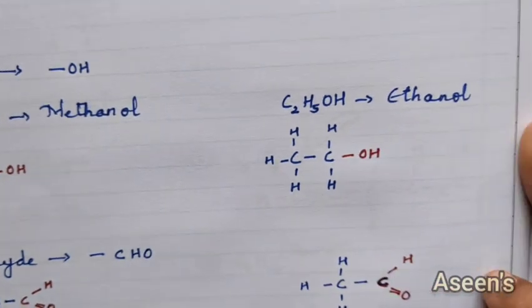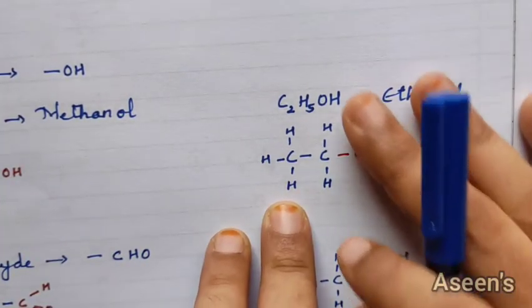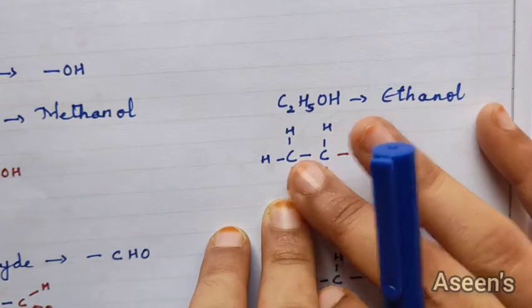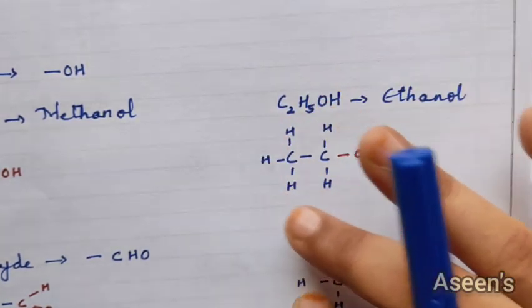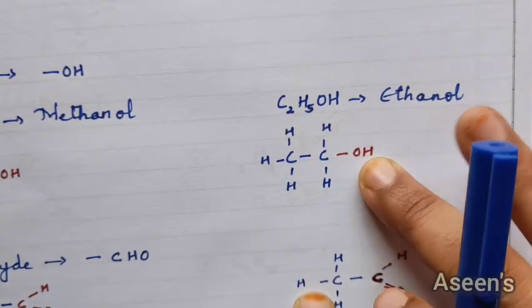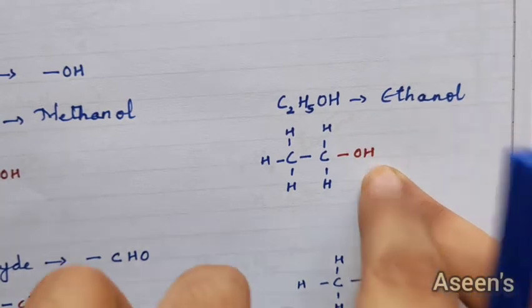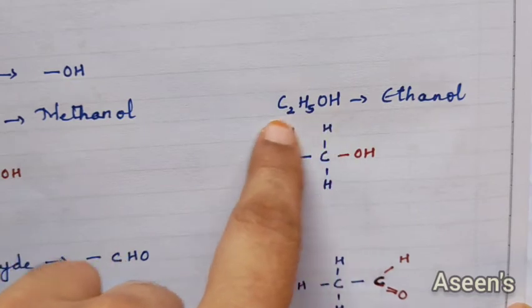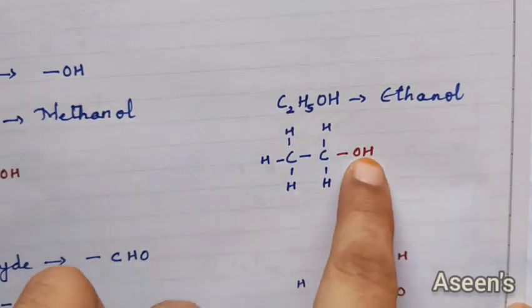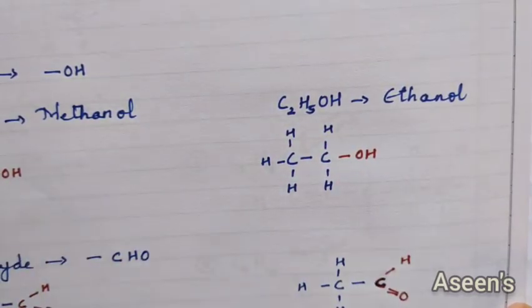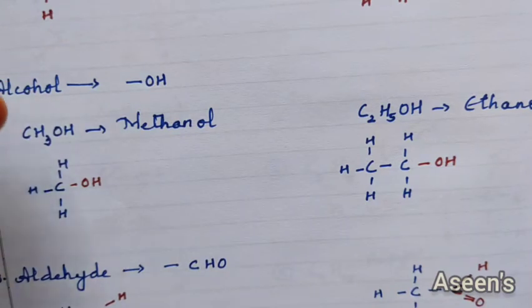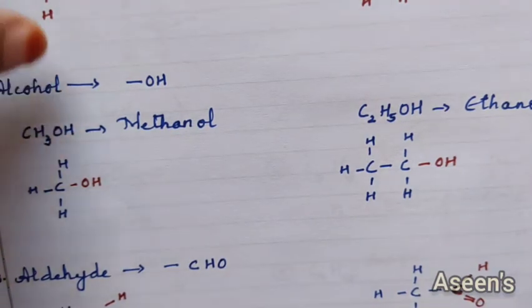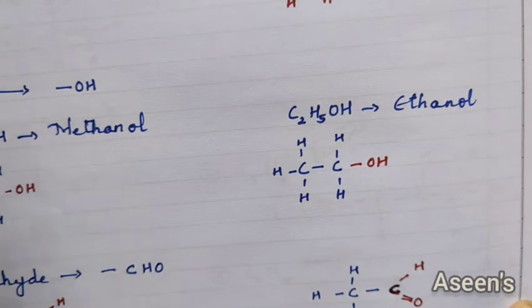We're going to see ethanol now. Same thing again over here, we have C2, two carbons. We are going to put hydrogen. One hydrogen is replaced by OH, the alcoholic group. So it's going to be C2H5OH. As you can see, we are writing OH at the last when you are writing the molecular formula. The functional group is always written at the last.